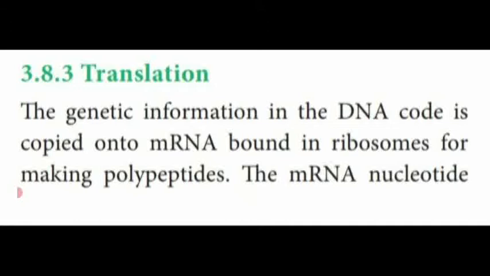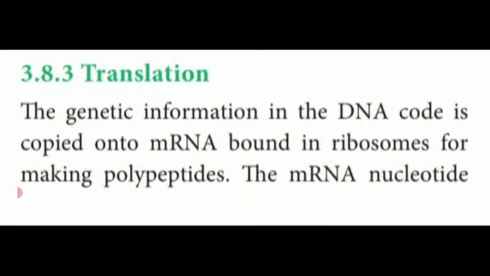The genetic information in the DNA code, that is the nucleotide sequence, is copied or transferred onto mRNA, which is bound in the ribosomes for making amino acid or polypeptide sequence.